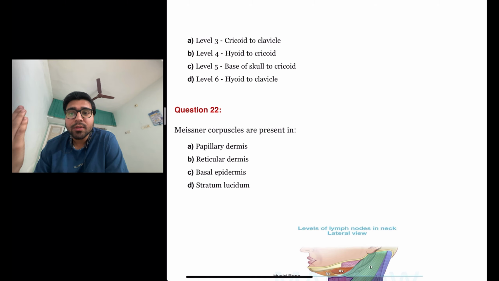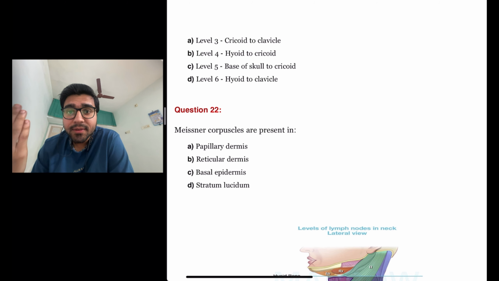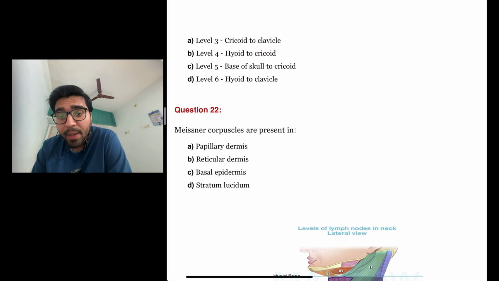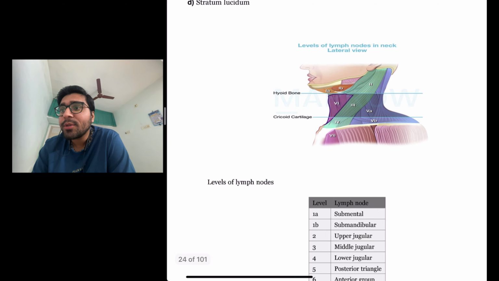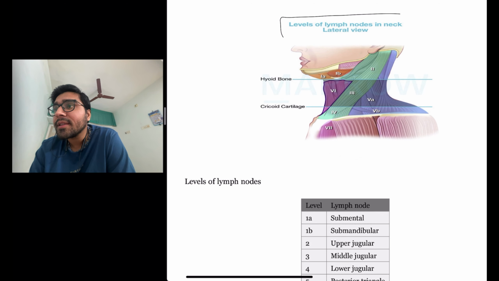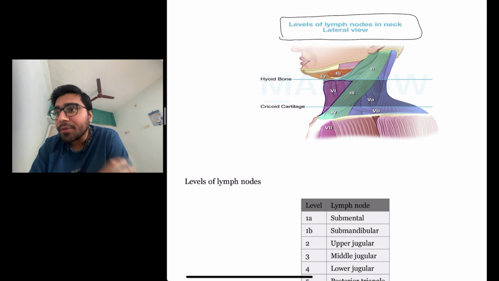When they ask about lymph nodes in the neck, the thigh, or the abdomen. This time they have asked about the lymph nodes in the neck and the level boundaries of that level. So let us discuss the levels of lymph nodes in the neck in the lateral view.